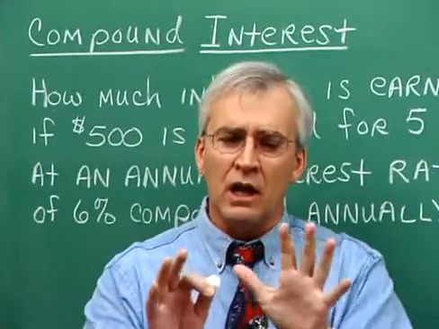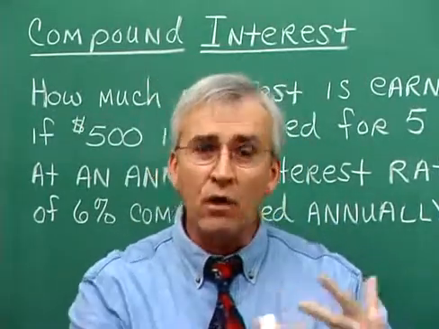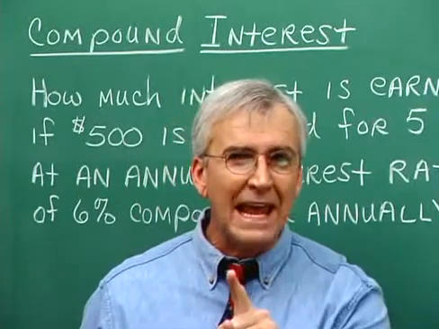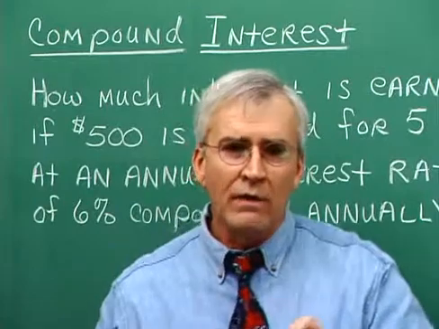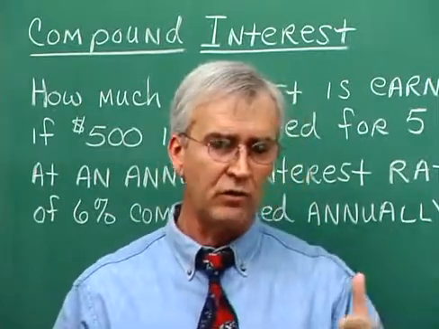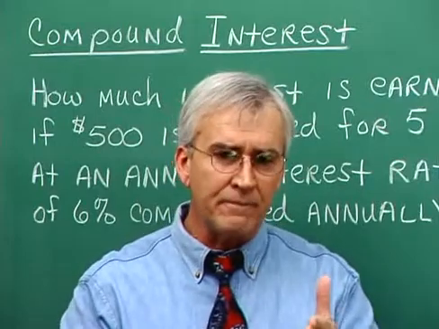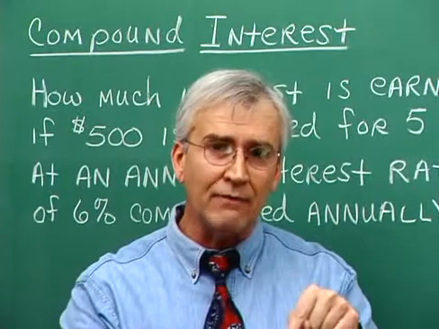I've borrowed some money and I want to borrow it for a long time, but the bank is going to calculate interest every month. So here's what they're going to do. They're going to calculate the interest that has accrued for the first month. And at the end of that first month, they're going to take my principal and add the interest that I've accrued.